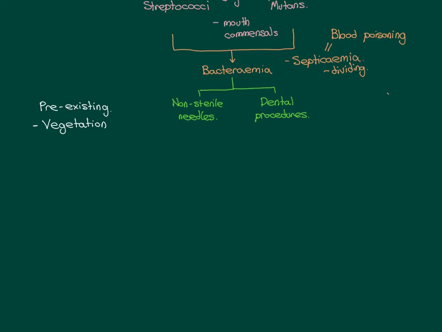A vegetation is a place where the endothelium has been damaged to an extent where the endothelial cell has actually gone from that area. So let me try and draw a picture of this. Let me put some endothelial cells here. Here's one endothelial cell, and here's another endothelial cell.